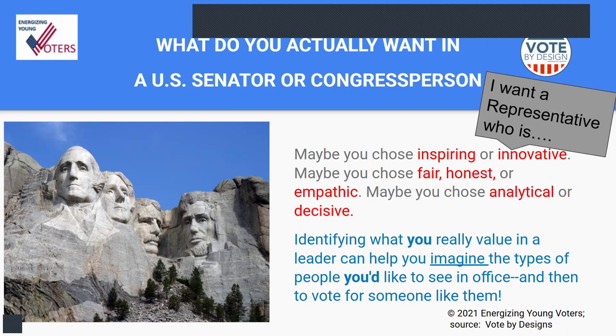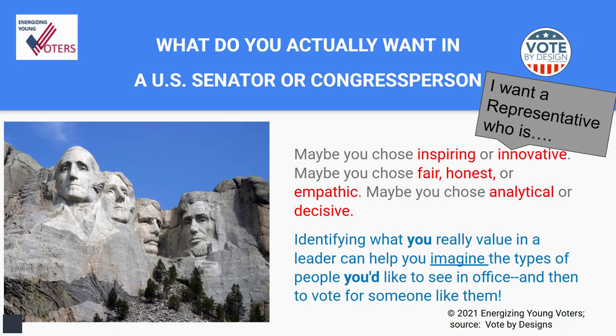And if you can look at yourself first and identify what you really value in a leader, that can help you imagine, before you look at the candidates, the kind of person you'd like to see in office. And then look at the candidates and try to find the person that is closest to the image you have in your own mind about who should be in that office. So there are 2 parts to this process: knowing the job and knowing what you value and what you want to see in that person.